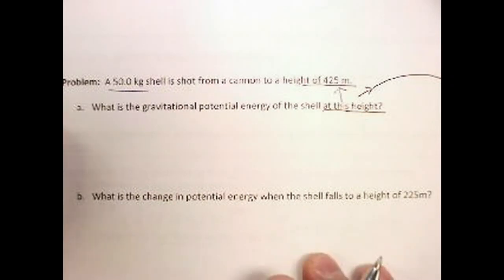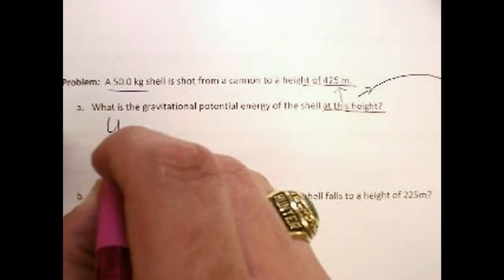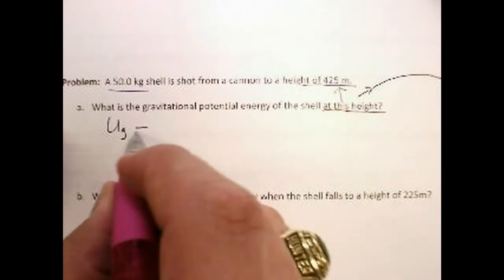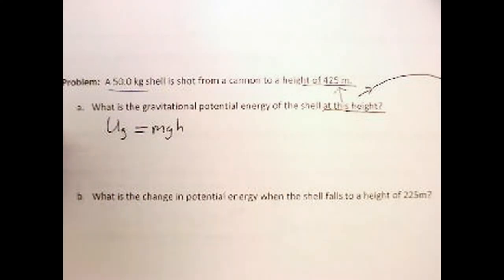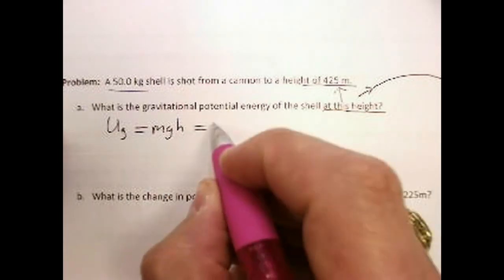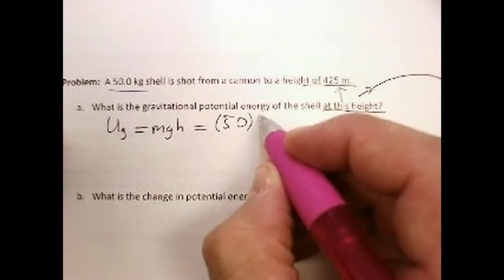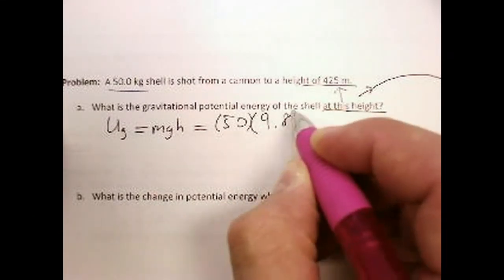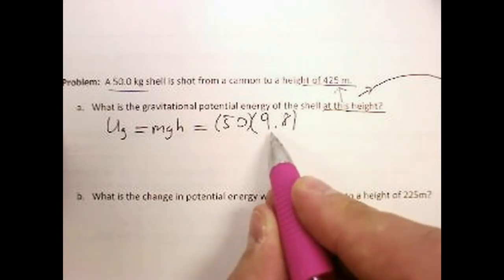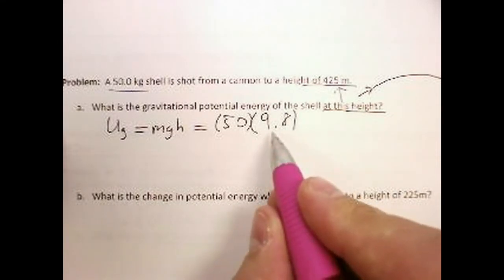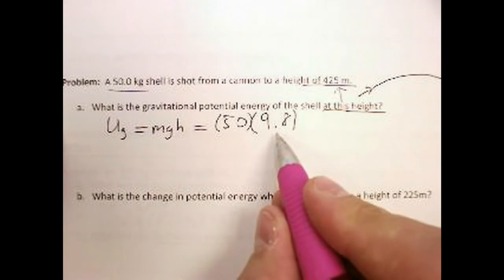Gravitational potential energy is U sub G, and the formula is mgh, mass times gravity times the height. The mass is 50, and it is in kilograms, so that's the correct units. G is the acceleration due to gravity, and that's 9.8. And remember, we always enter positive in here for energy. Energy is always going to be positive.